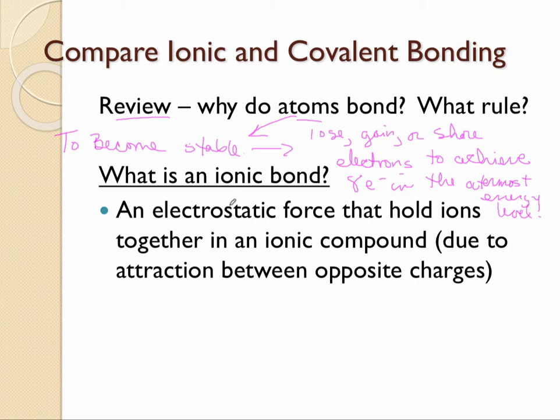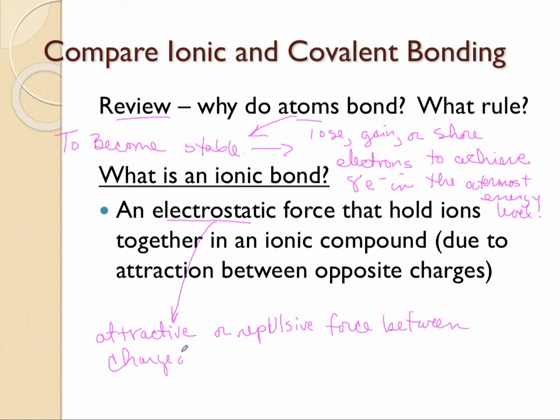Okay, so what is this ionic bond? An ionic bond is an electrostatic force that holds ions together in an ionic compound. Electrostatic force really just means it can either be an attractive or a repulsive force between charged particles.